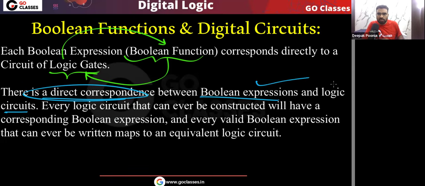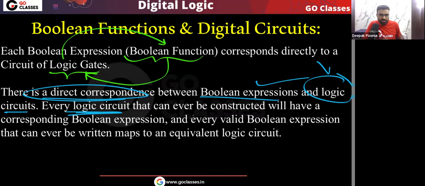What is a logic circuit? Logic circuit means digital circuit using the logic gates. We have already seen the logic gates: AND gate, OR gate, NOR gate, NOT gate, NAND gate, exclusive OR, exclusive NOR gate. So you can see that there is a direct correspondence between Boolean expressions and logic circuits.